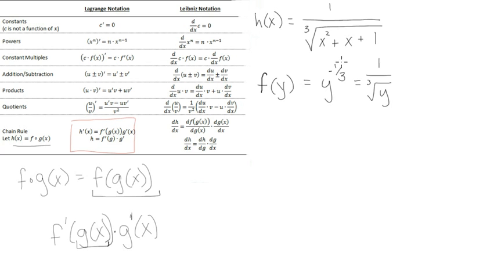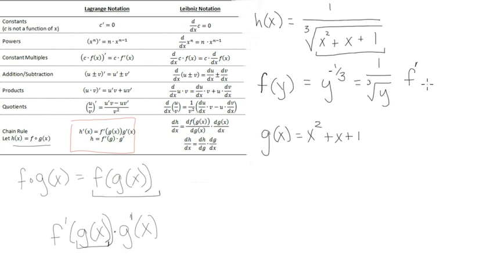I write it in this form because it makes it easier to correctly apply the power rule. Okay, so that's my first function. And then I need to deal with this function on the inside, so I'm going to say that my g of x is equal to x squared plus x plus 1. I can calculate the derivatives of each of these separately.